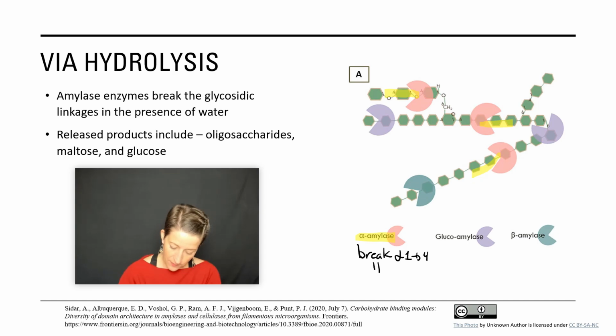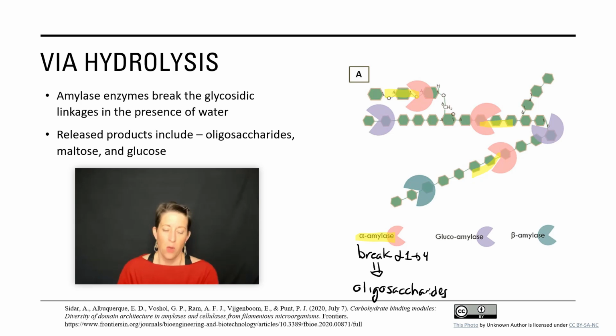The product from this, because it is random, is the production of oligosaccharides. Oligosaccharides consist of about 3 to 15 monosaccharides or glucose molecules together. Those do serve other roles, or they can be further digested.